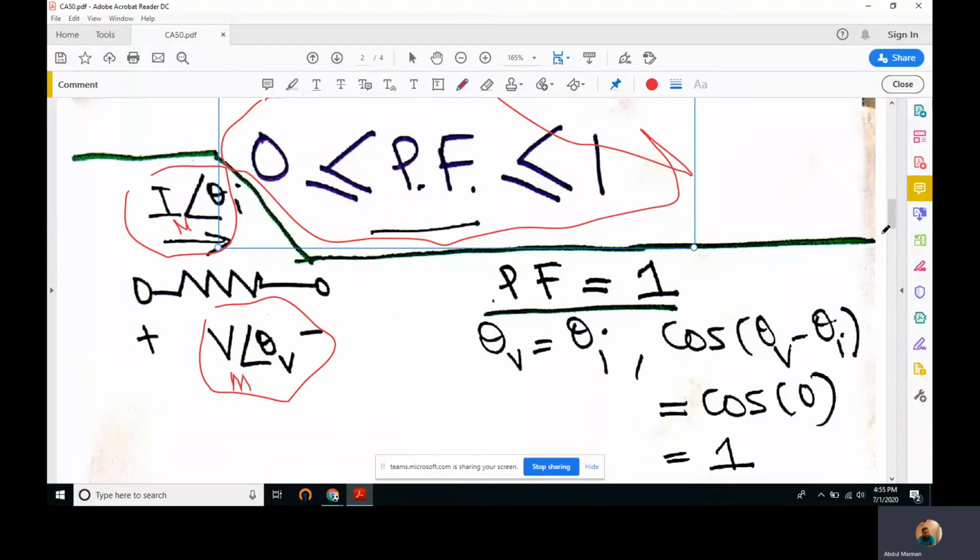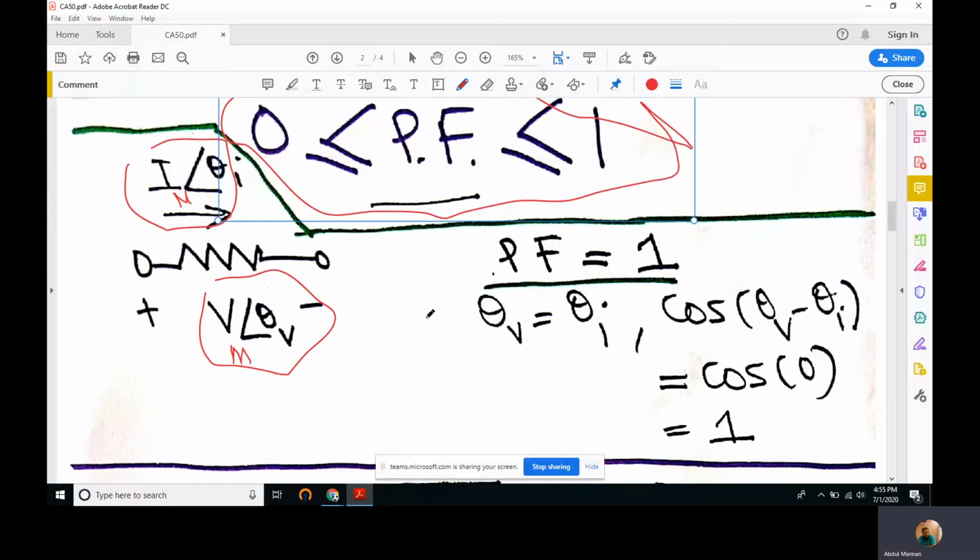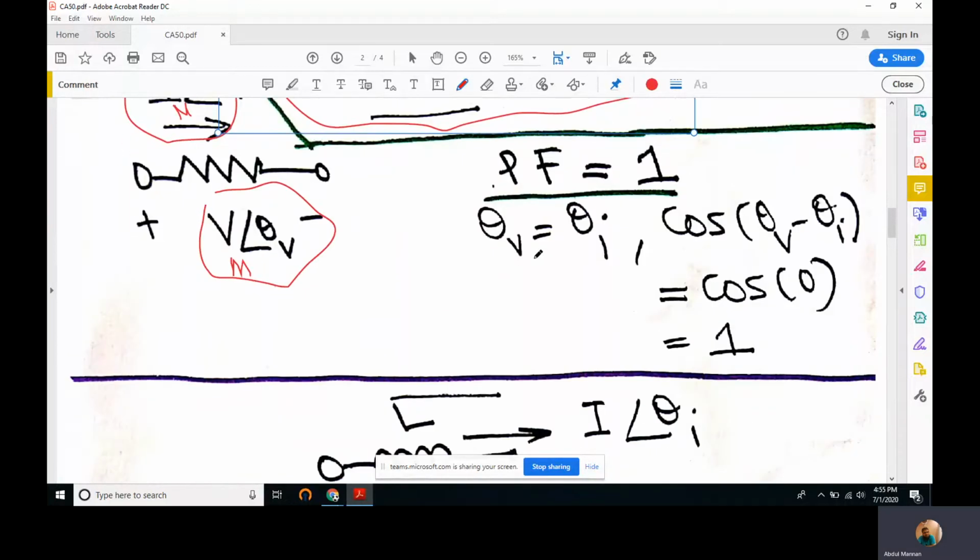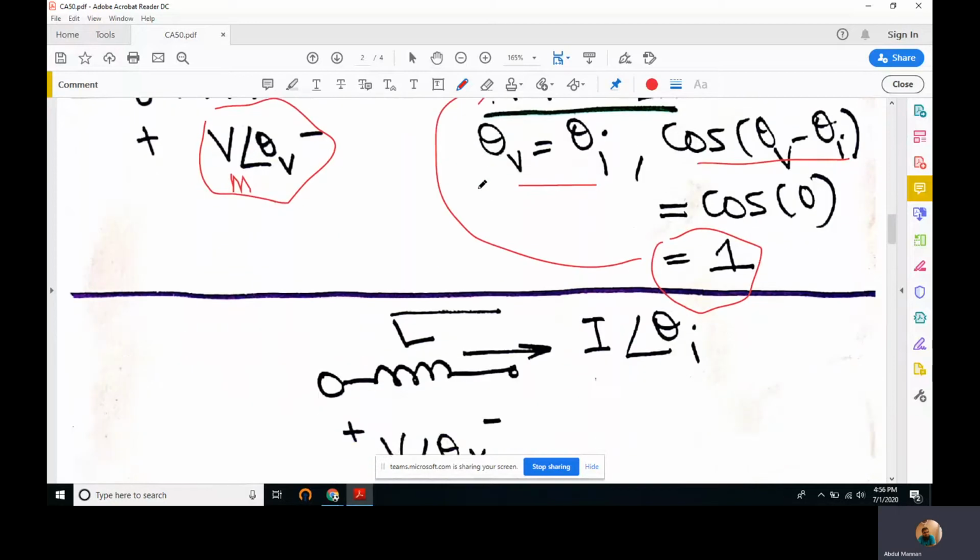We have proved that, and we have experimented with this fact a number of times in our previous lectures, and we have studied that for resistors only, the difference between theta V and theta I is 0. They are always the same, but only in case of resistors, and the cosine is 1. So for pure resistors, power factor is always 1.